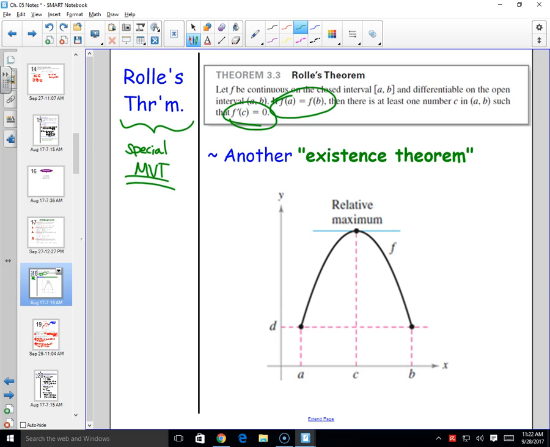Just the one special thing is that the heights at A and B are equal, and if the heights are equal, MVT would say that average slope... I could replace f of A with f of B. I end up with a slope of 0, which means I have to have a horizontal tangent somewhere.